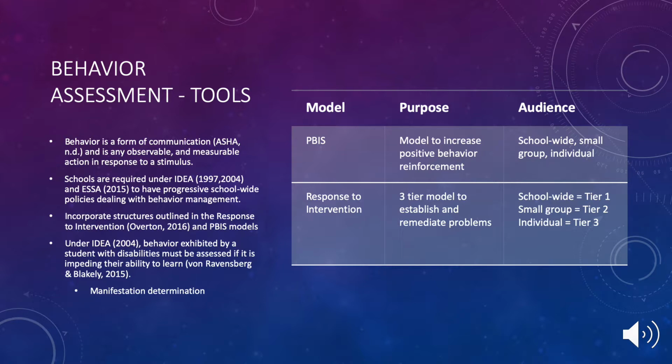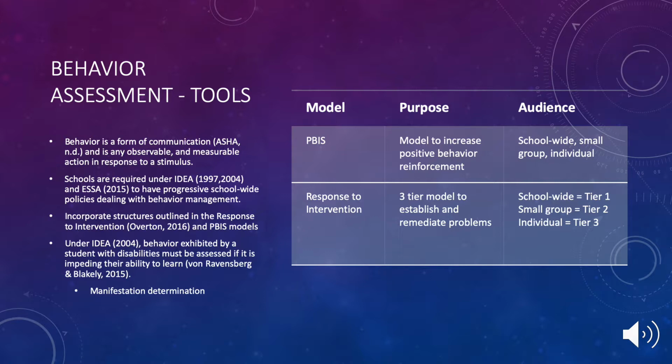If a student with disabilities is having a lot of negative behaviors, it might be a requirement to have a manifestation meeting to see what can be done about it. And again, that's required under the amendments of IDEA 1997.